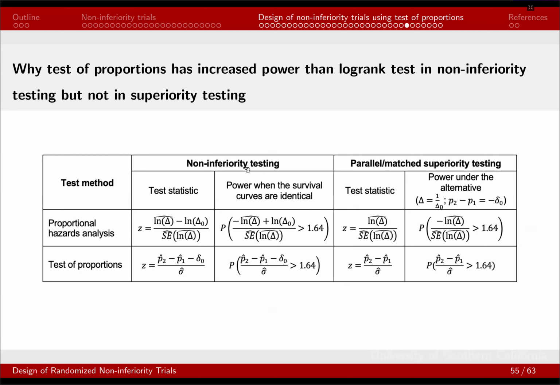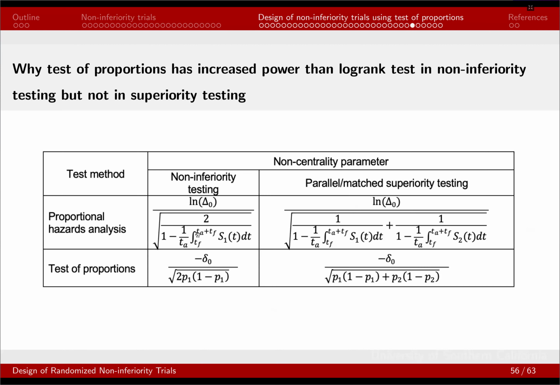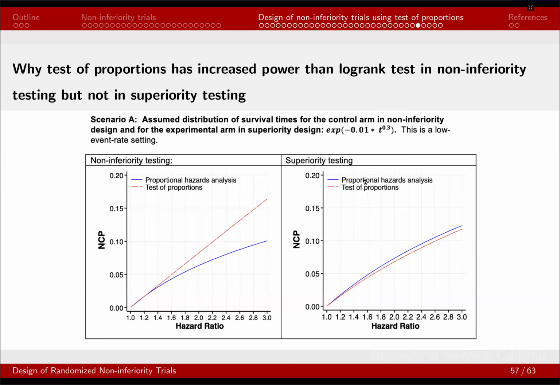That way, we make the scenarios comparable. So here we present the power of the two analysis methods, and this table presents the non-centrality parameters of the two methods for the two testing settings.